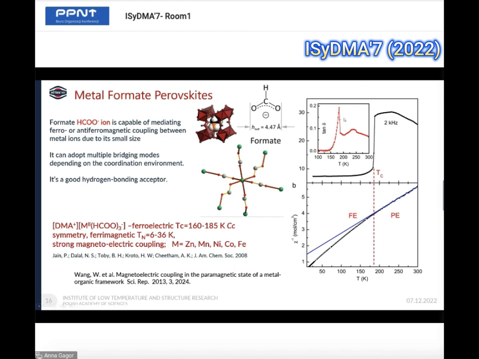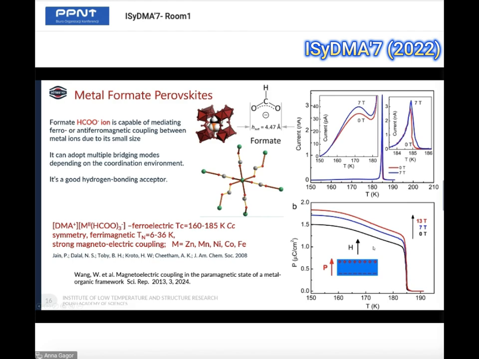Here we see results from the paper of Wang and his co-workers, showing that at the transition temperature to the ferroelectric state we can see changes of the magnetic susceptibility, and we can also change the polarization of these materials in a broad temperature range, especially in the ferroelectric phase, by applying different magnetic fields.